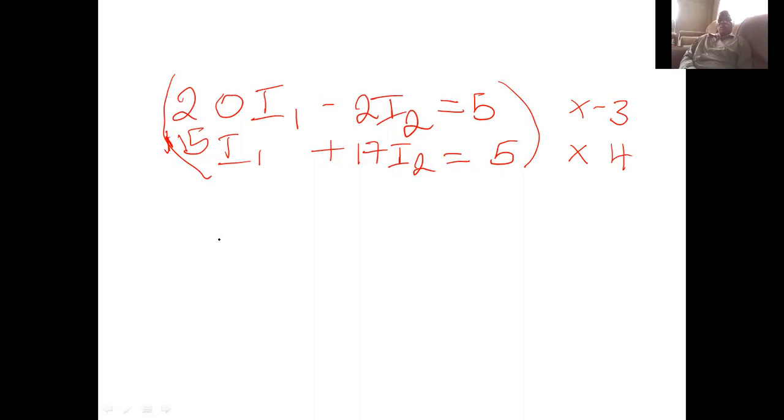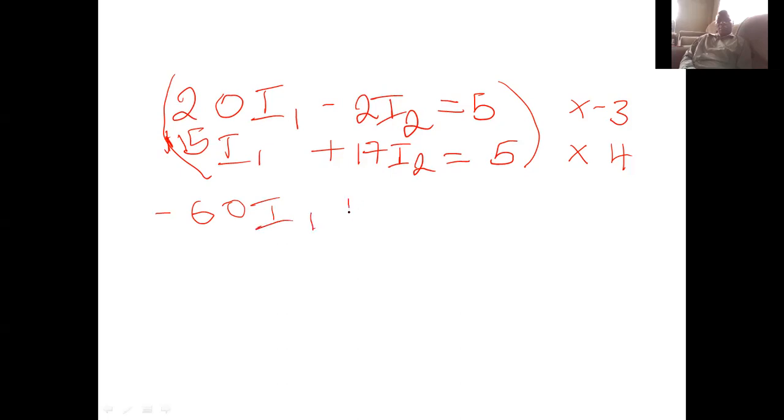And so when we multiply -3 by 20, we are getting -60 I1.